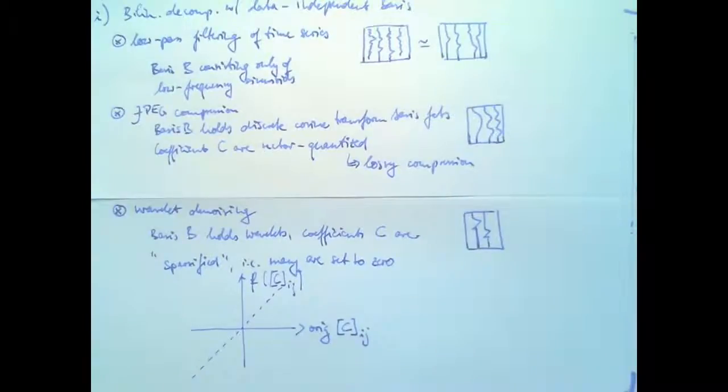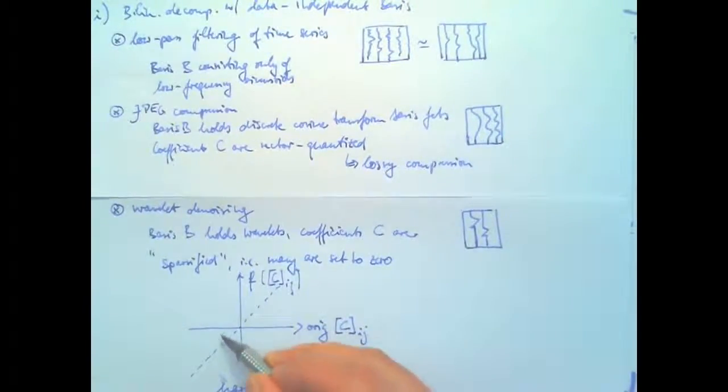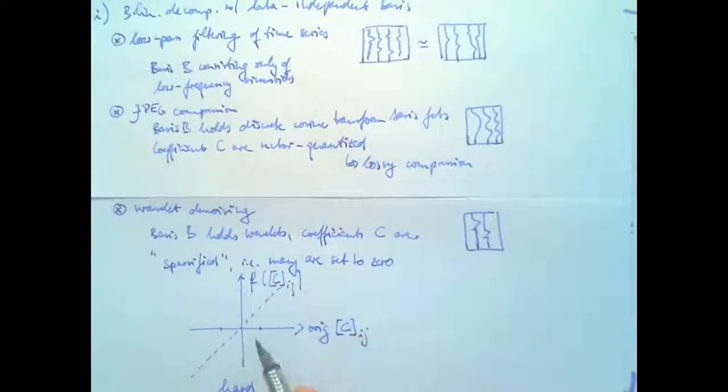And if you now want to have more zeros in your coefficient matrix, there are two natural ways of obtaining that, if you want to discard the small coefficients. One approach is so-called hard thresholding, where you say if the absolute value is smaller than some number tau that you set, then the coefficients are exactly 0.